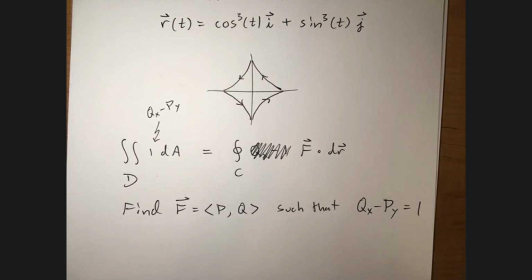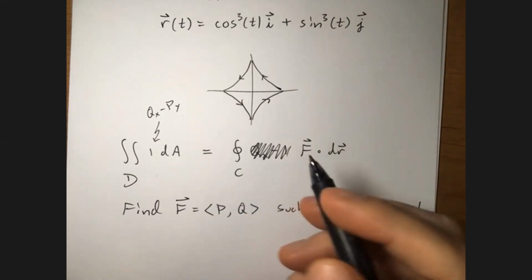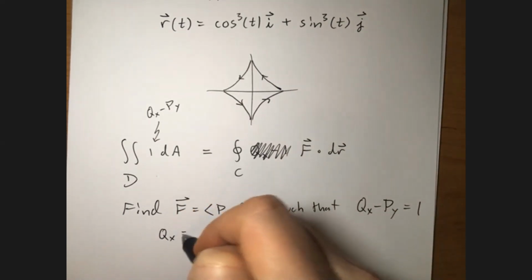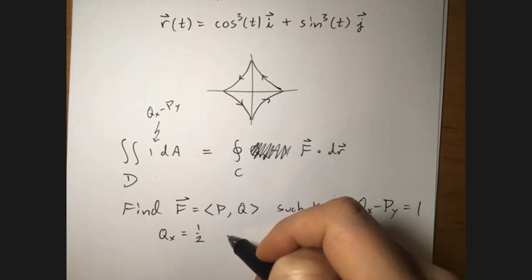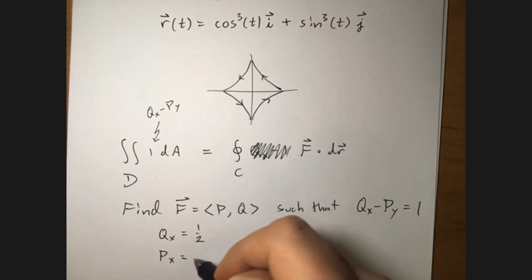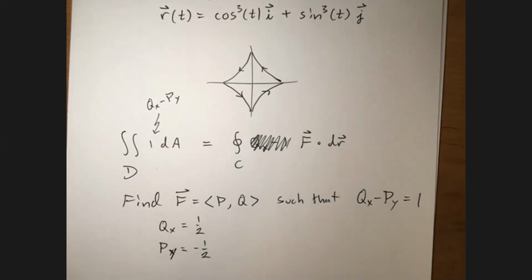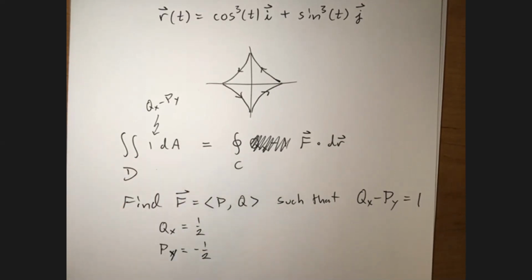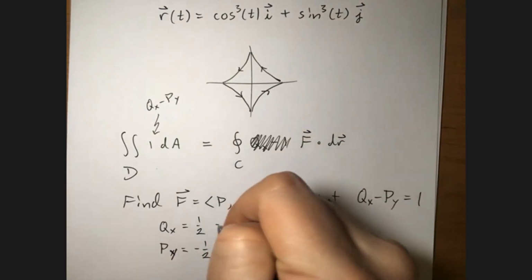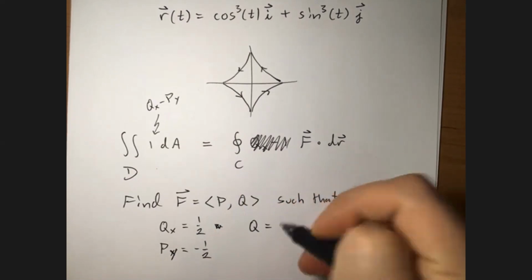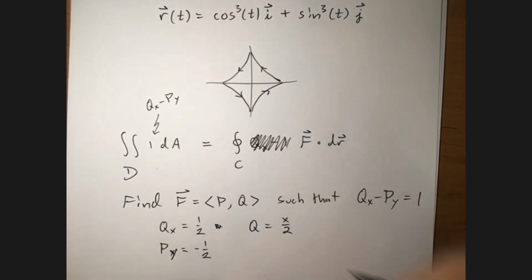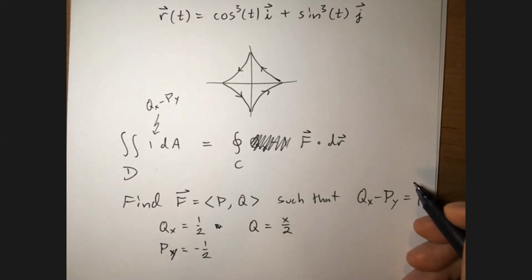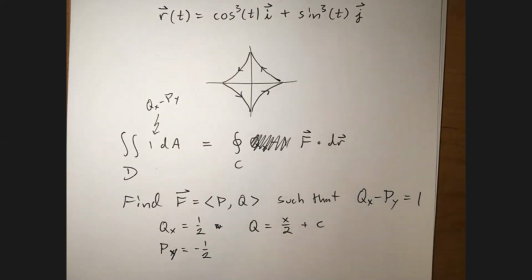Well, let's see. If Qx is equal to 1/2 and Py is equal to negative 1/2, then it works, right? 1/2 minus negative 1/2 is 1. If Qx is 1/2, that means Q must have equaled x over 2 plus a constant, but we're going to make it 0 to make things easy.